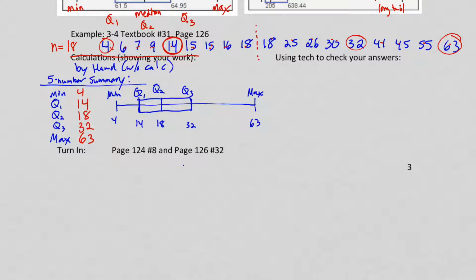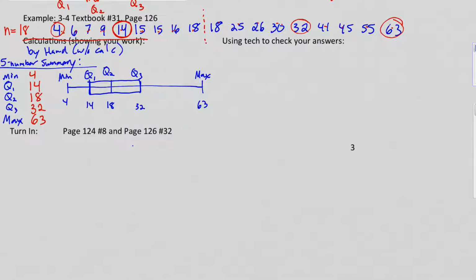Now let's go ahead and use technology to check our answers here. If you have a graphing calculator, you can type these 18 values into a list and follow the directions from the textbook, or you can look up how to put this in a TI-83 or 84 or whatever calculator you have, from the help guide or the instruction manual that you can find online.